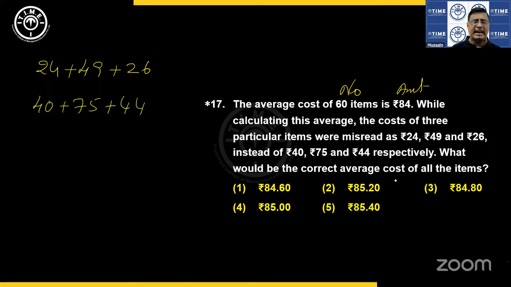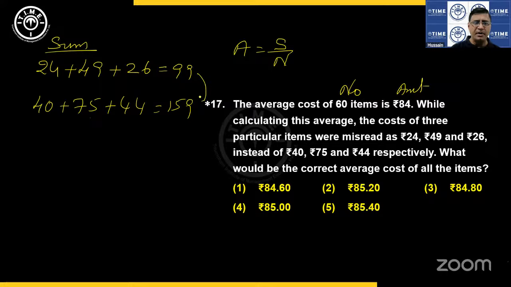What would be the correct average cost of all the items? Average means sum of the observations by number of observations. Here, misread as 24, 49, 26. 24 plus 26, 50, 50 plus 49, that is 99. 40 plus 75 plus 44, 40 plus 40, 80, plus 70, 150, plus 9, 159.